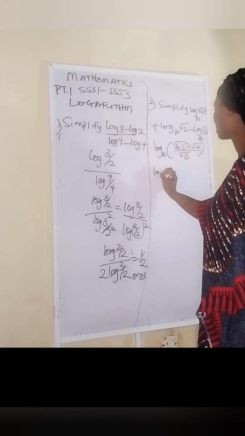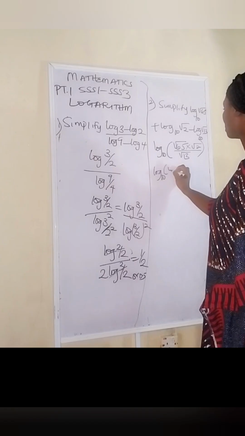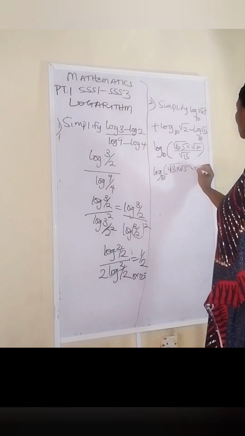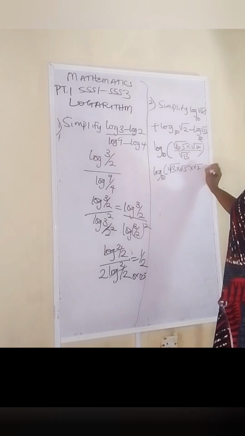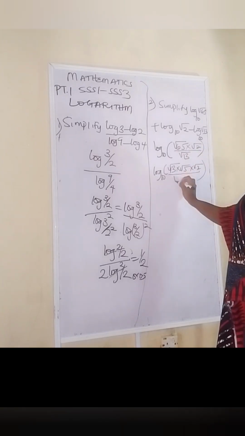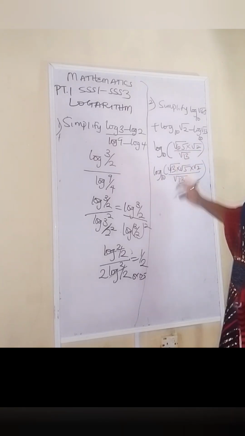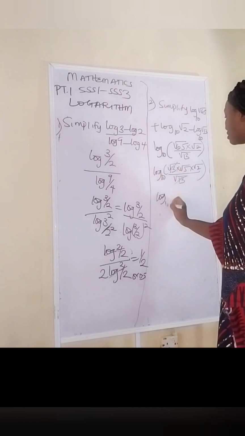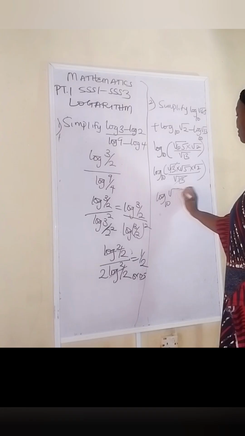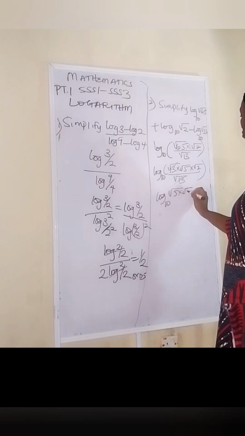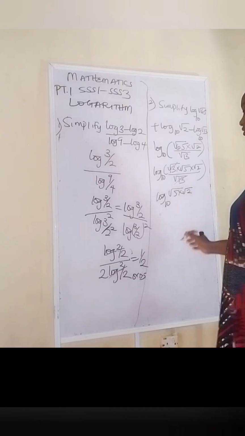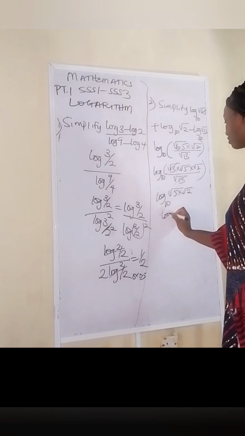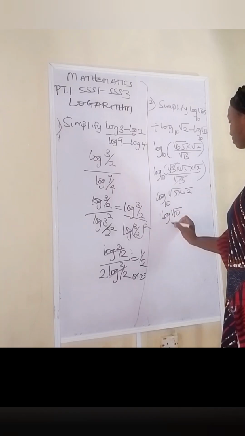So it will now be root 13 times root 5 times root 2 over root 13. So root 13 and root 13 are common, so it goes off. So we are left with log root 5 times root 2 base 10. Okay, so root 5 times root 2 is what? Root 10. So we have log root 10 base 10.